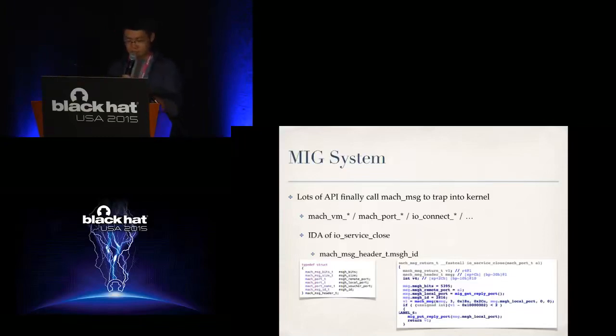A simple example here is IOServiceClose, and you can see that it directly calls mach_msg and sends a message to the kernel. But we have to pay attention here to the message ID. They set a very specific message ID.